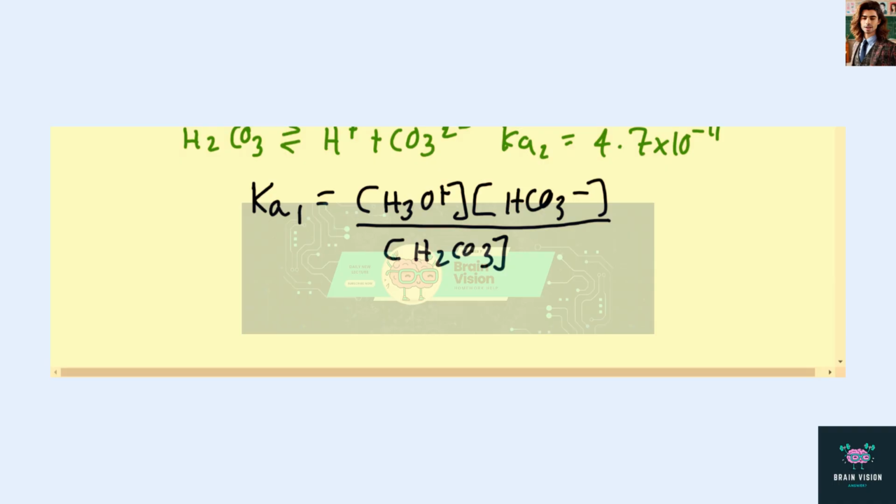And then from there we can set up the expression, because we don't know the concentrations of the hydronium ion and HCO3 minus. Then we can rearrange that.